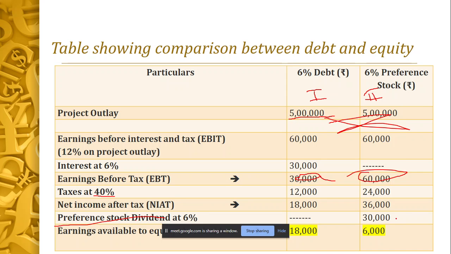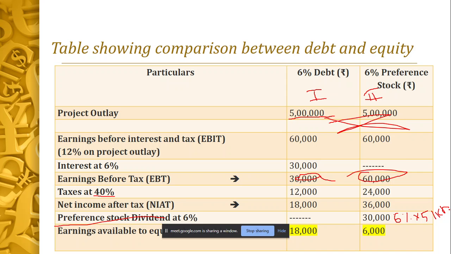So this is nothing but 6% into 5 lakh, the amount you had brought as capital. So 5 lakh into 6% would be 30,000.